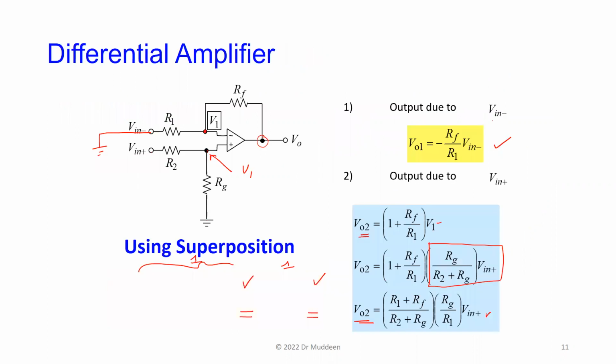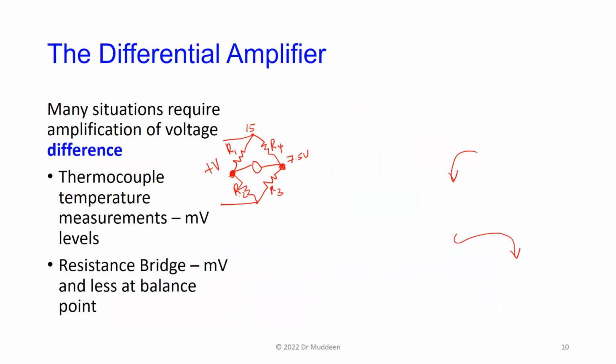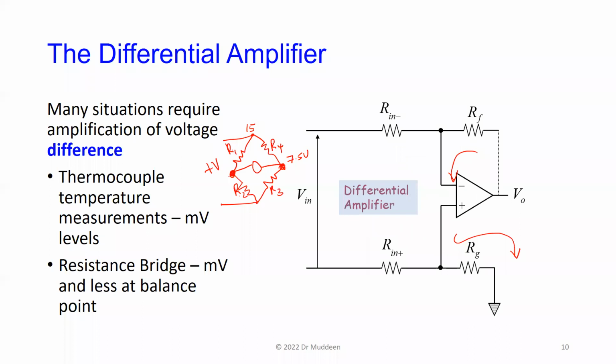And if you go back to the bridge that we drew here, say I were to put the differential amplifier right here, hooked up across this point here. At the point when it is balanced, these two terminals are at 7.5 volts. I don't care about that.